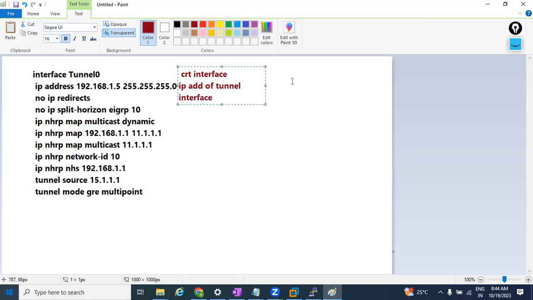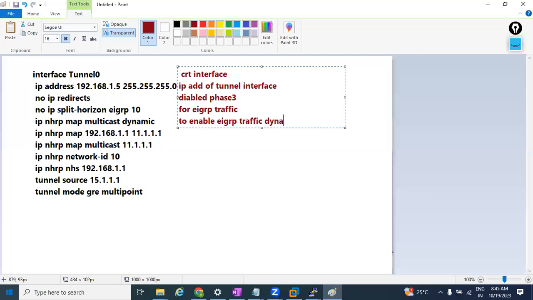Then no IP redirects means disabled, which one? Phase 3. No split horizon. This is for EIGRP packets, or you can say EIGRP traffic here. This is multicast dynamic. This is to enable EIGRP traffic dynamically here.